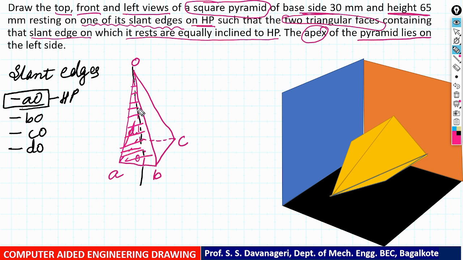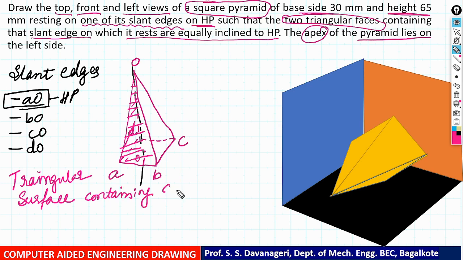So the triangular surfaces containing the AO slant edge are AOB, which is one triangular surface, and another one is AOD.